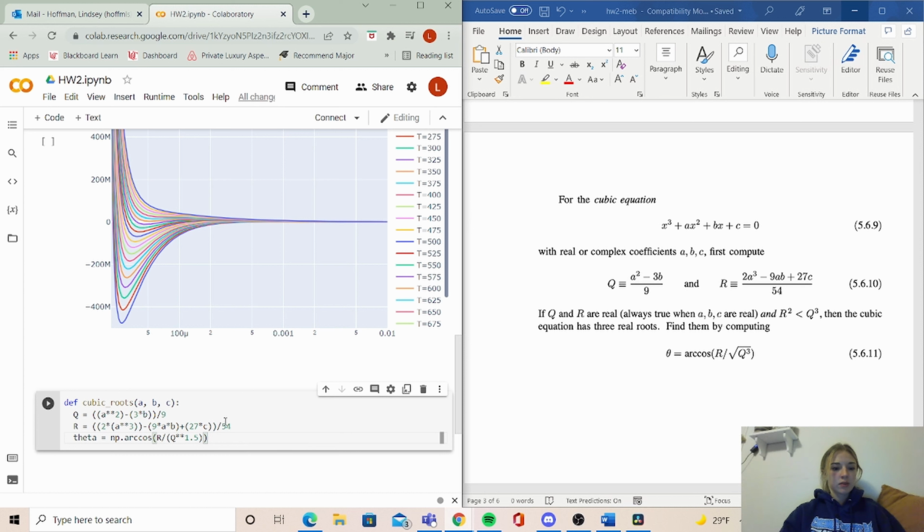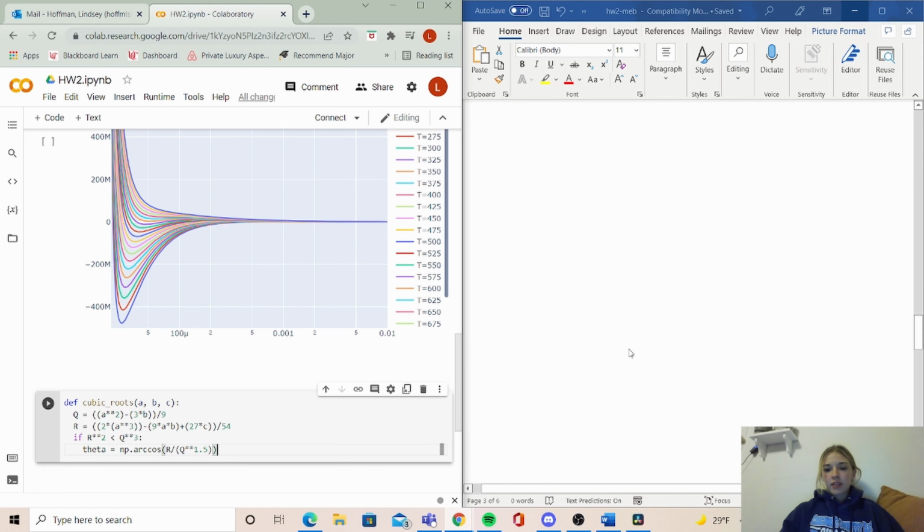And this is only if, so we can make an if statement, Q and R are real, and R squared is less than Q cubed. So we're going to need to indent that also.